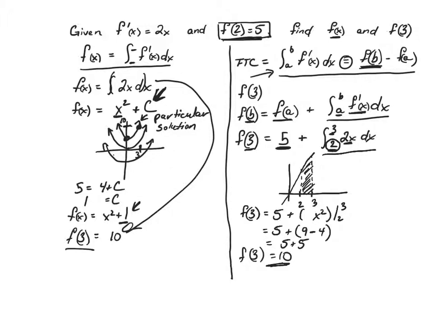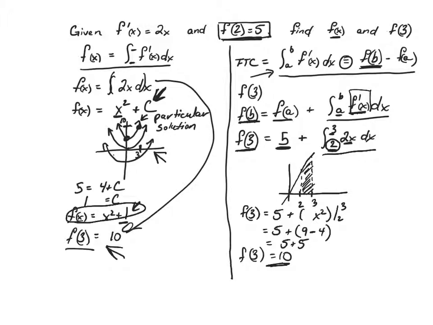So when I'm using this start-plus method to find a value of the function when I've been given the derivative, I'm skipping over this whole plus c part and finding the particular solution, and going straight to my answer.